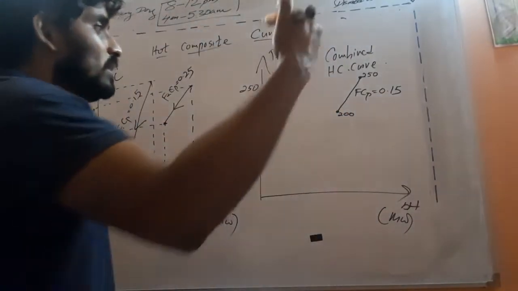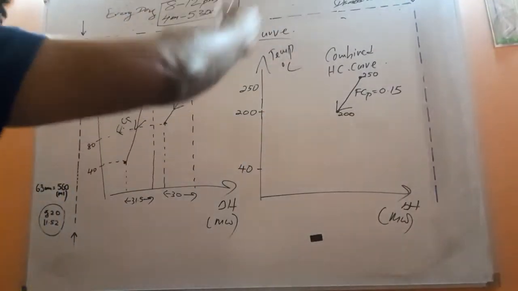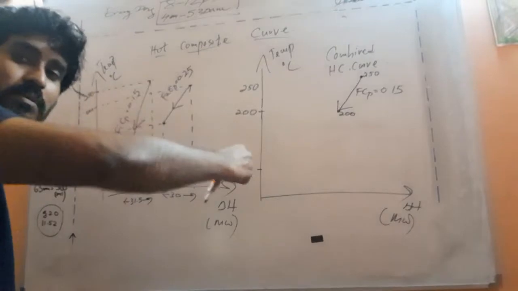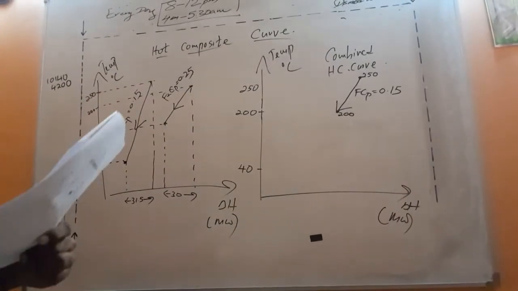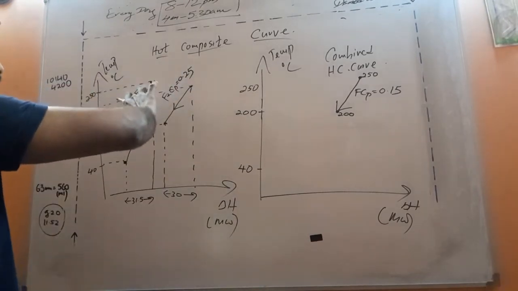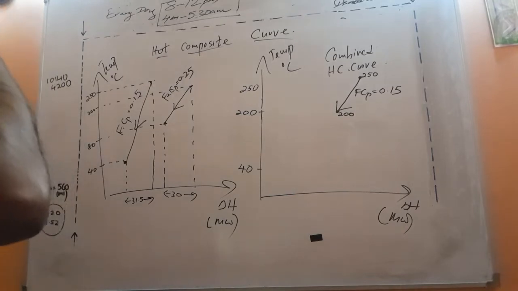Right? So this is going down. So the arrow must come like that because we are going down, starting from 250. Right? Okay. And the next thing. So now you have reached from 250 to 200. No problem. Now what is the next target?